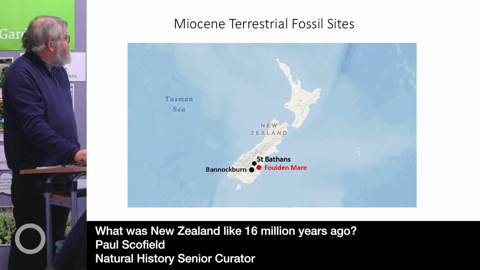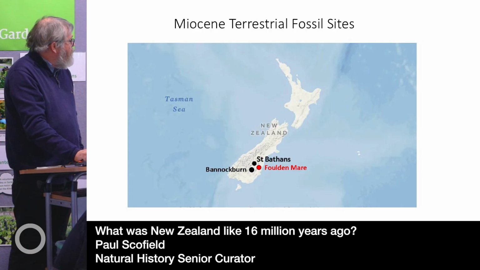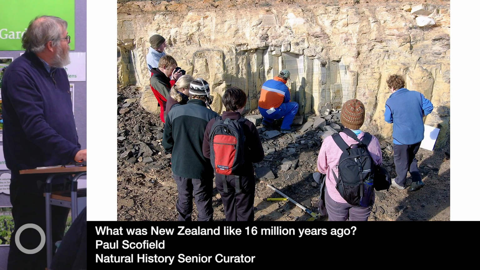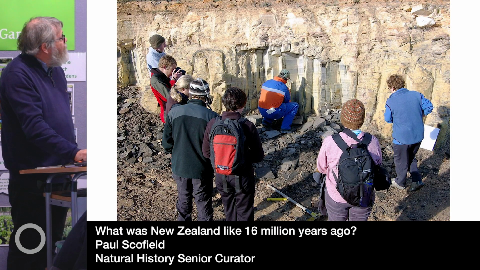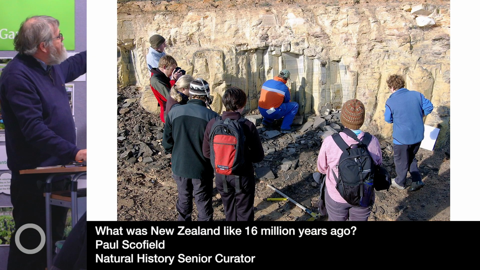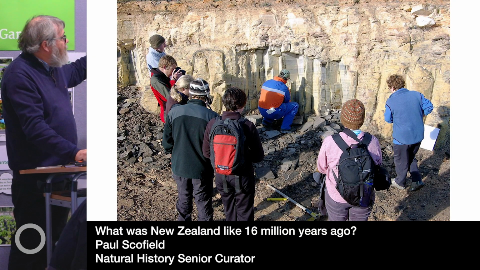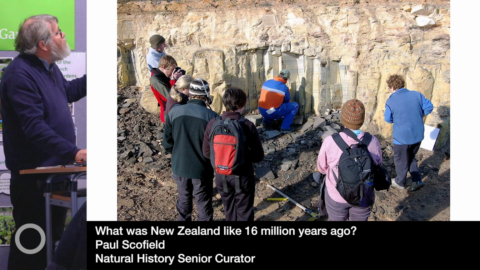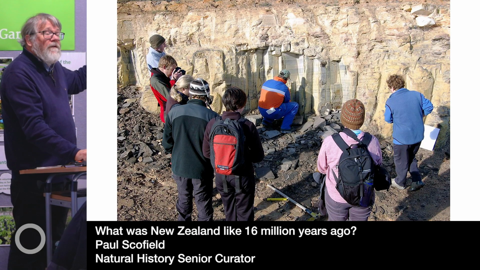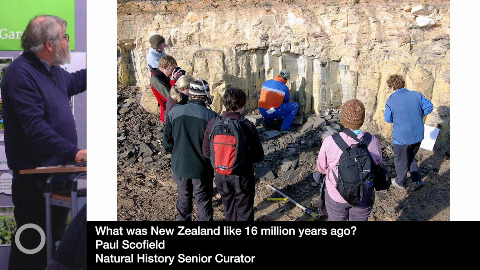And this maar, which is down in inland, coastal North Otago, has effectively a book of very fine layers, some of which are only a few millimeters thick, probably each one representing a year of deposition or even a shorter period of deposition in this very calm and protected lake.